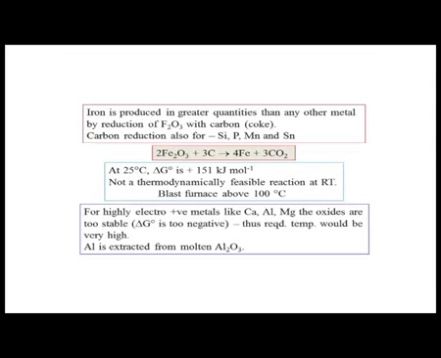So, basically we see that like iron, for highly electropositive metals like calcium, magnesium and aluminum, the oxides are too stable. In the other case also, for these electropositive metals like calcium, magnesium and aluminum, delta G0 is too negative.